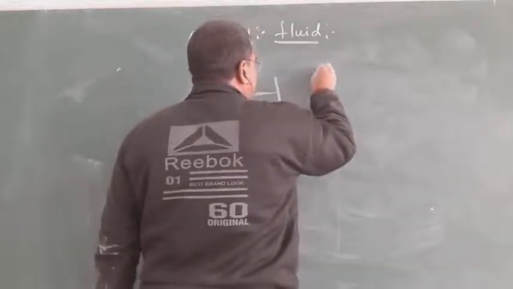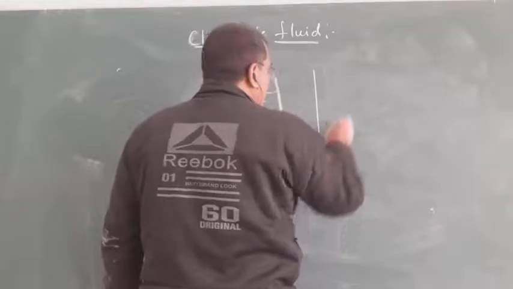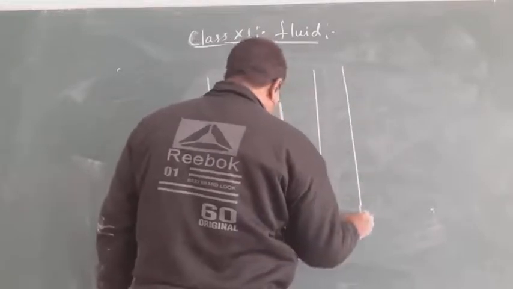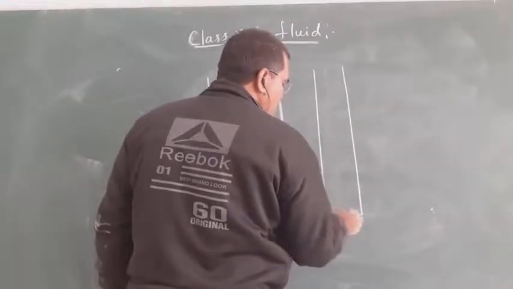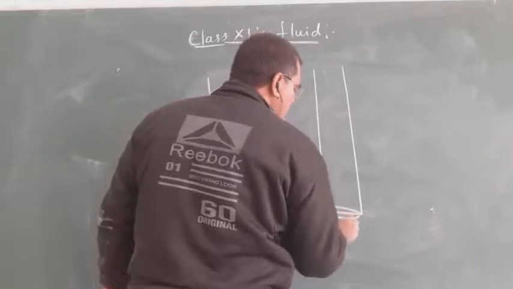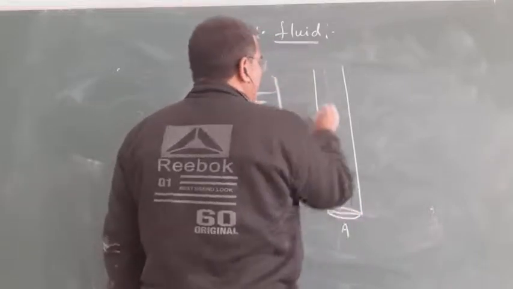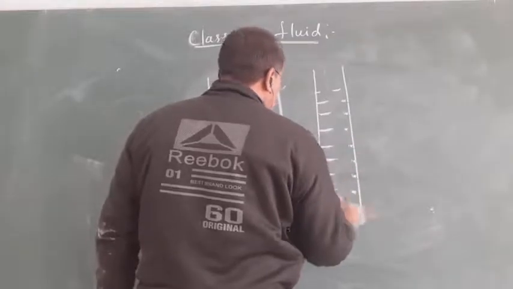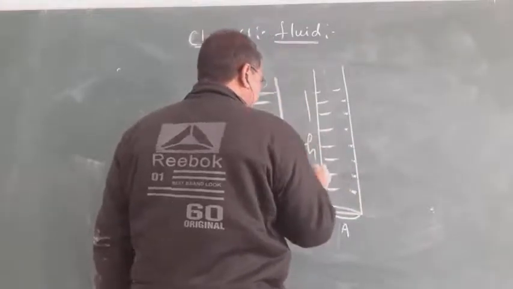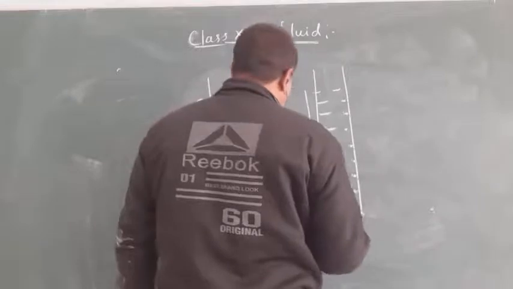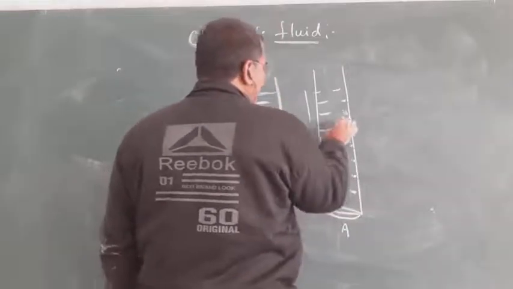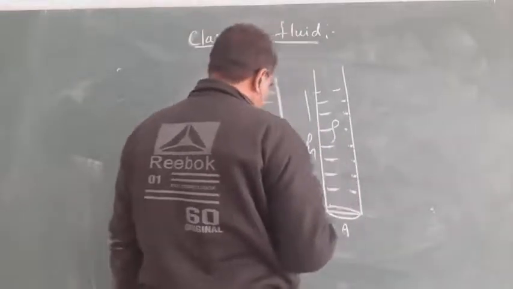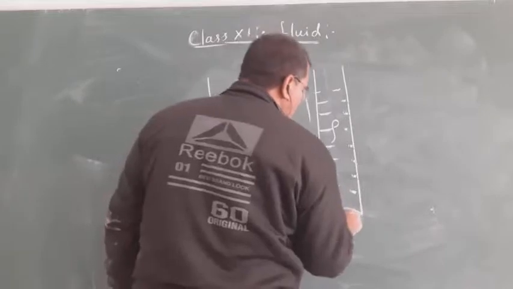And this container has a cross-sectional area less than 2A, that is A, and the liquid column is the same height, h, and the density of the liquid is the same. This point is called N.